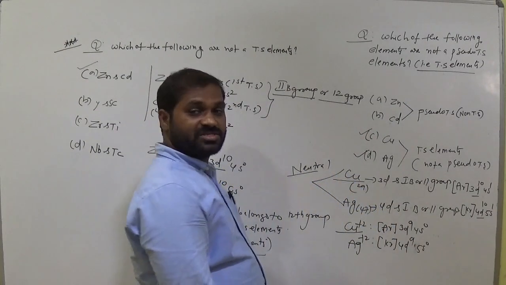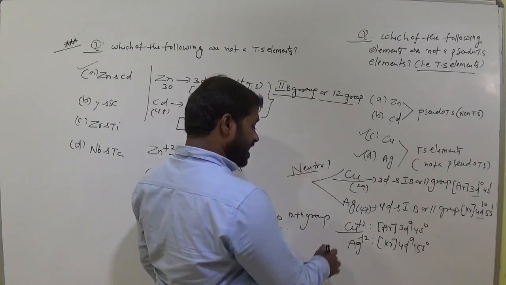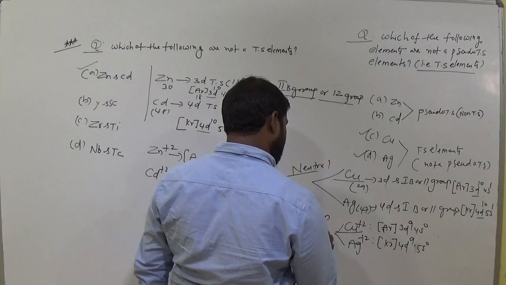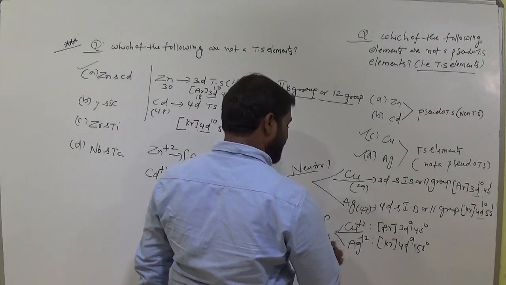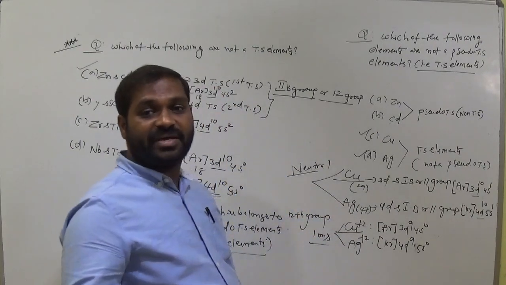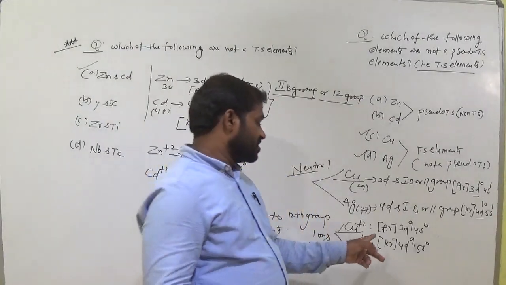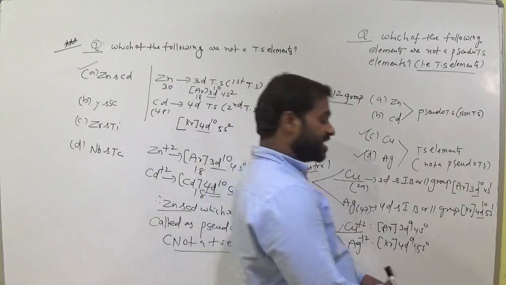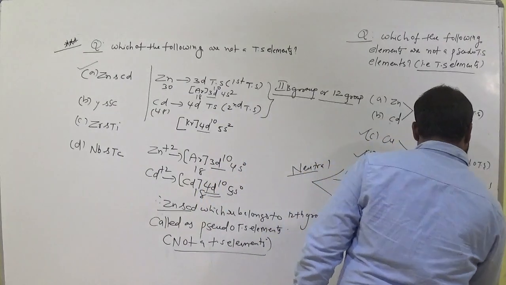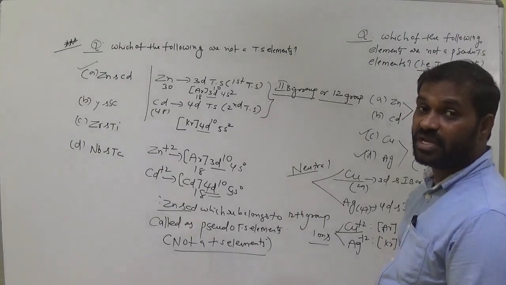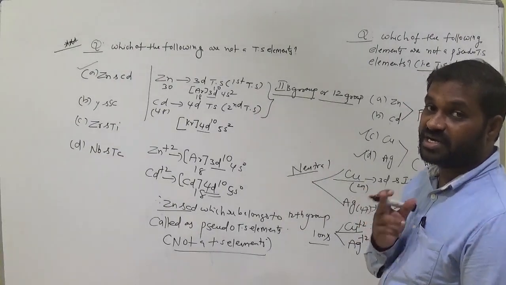So in the ionic state they have single electrons in d orbitals. In the ion state or neutral state, if there are at least unpaired electrons, then it acts as a transition element. So clearly these two are transition elements, not pseudo transition. Zinc and cadmium only are pseudo transition, not transition.